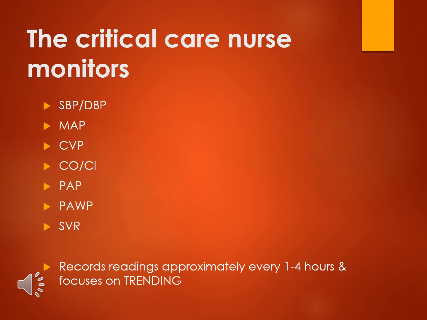Readings are going to be recorded approximately every 1 to 4 hours. The main thing is focusing on trending. Just like we do with our labs, they're going to be trending their hemodynamic monitoring to see what is working, what isn't working, what did they do, what did they not do, and how are their numbers changing.